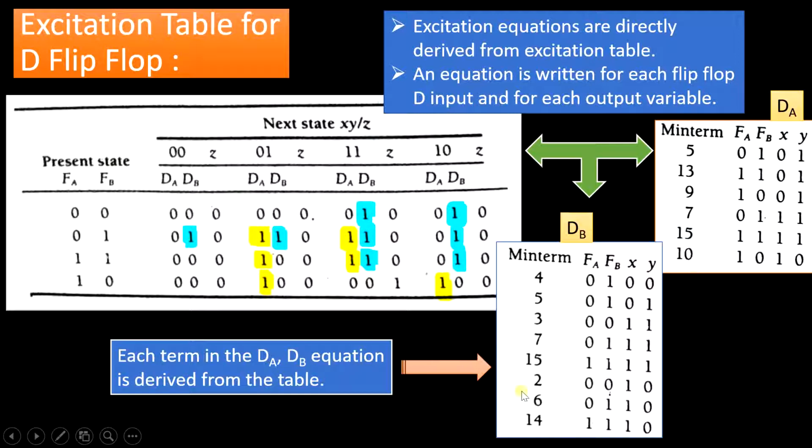So as you can see, each term in the DA and the DB equation is derived from the excitation table that we just obtained.